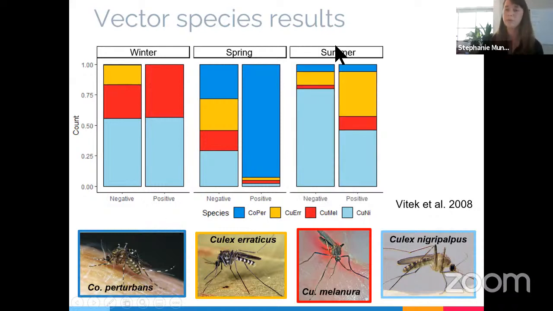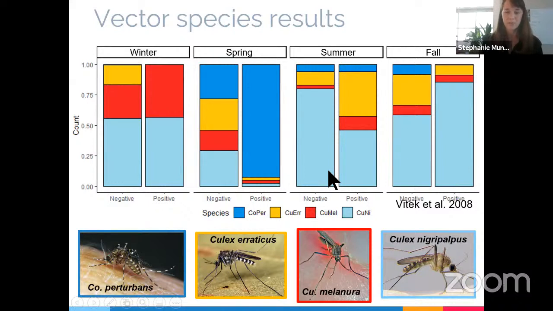Moving into the summer, you see that there were relatively more Culex erraticus mosquitoes in the positive sites than in the negative sites. So that's showing, again, that you have that instance where there's potential bridging between the zoonotic cycle and the human spillover, the human or horse spillover. And in fact, this is the time period when you do see the most human and horse cases in this study area.